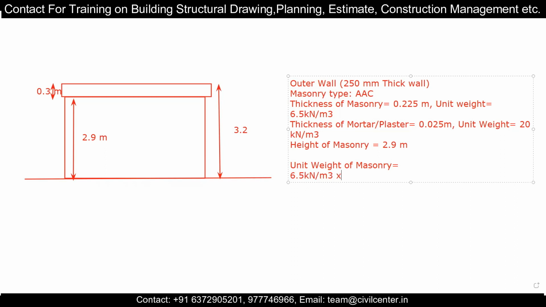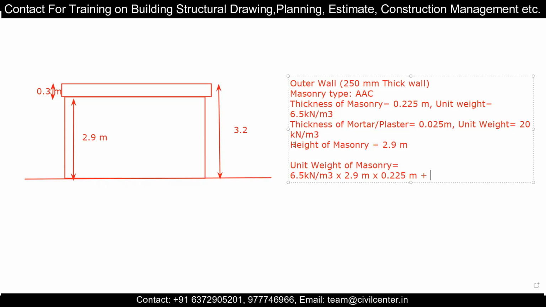That is the unit weight multiplied by the height, and this will be multiplied by the thickness of the brick. The thickness of the brick is 0.025 meter, and it will be added to this one.